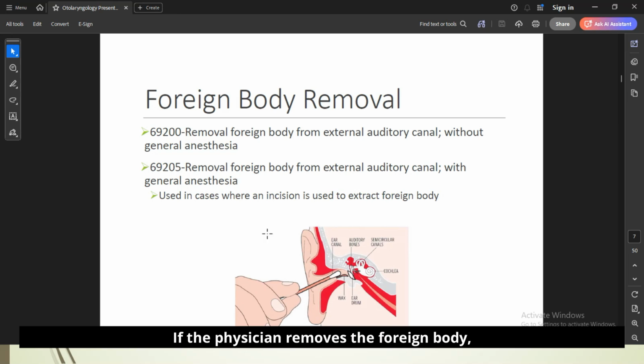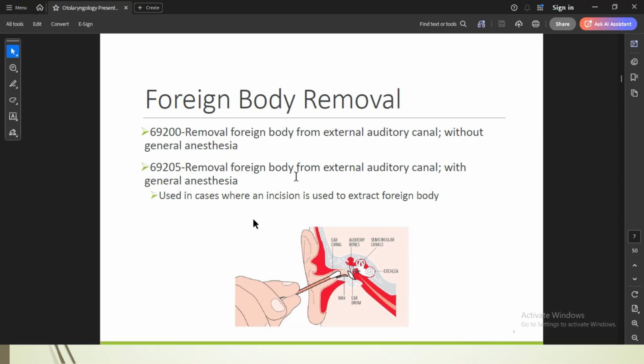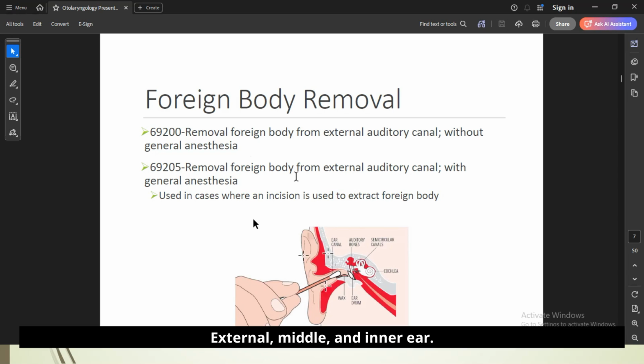If it is without anesthesia, 69200; with anesthesia, 69205. Very, very simple. This is the external auditory canal. You will use these codes for the external auditory canal only, the ear canal.